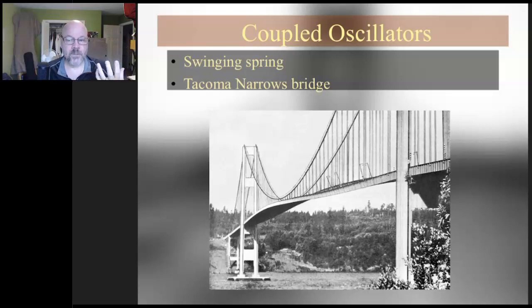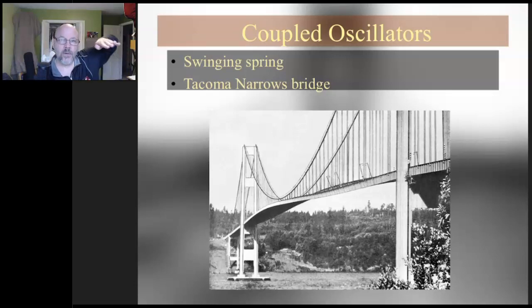Well, the answer is in the fact that in real objects, there is never just one mode of oscillation, okay? There's never just one mode of oscillation, all right? And we'll talk more about this when we get to a topic called standing waves. But for now, just realize that things can wiggle in different directions, all right?